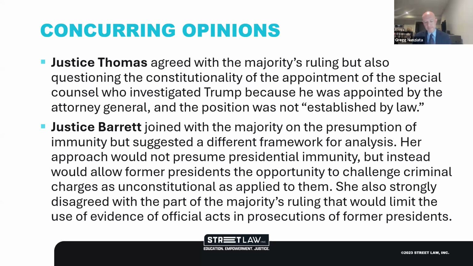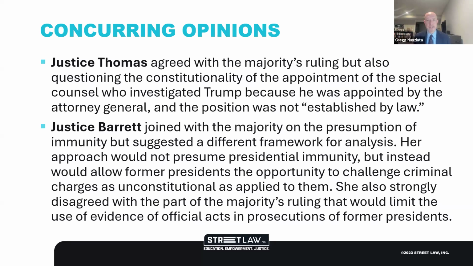Justice Barrett joined the majority opinion, but did two interesting things. The first one that has drawn the most attention, and it is important, she did not join part of the majority opinion, one of the most controversial parts of the majority opinion, that would not only discuss immunity, but it said prosecutors can't use evidence pertaining to official acts to prosecute non-official acts.